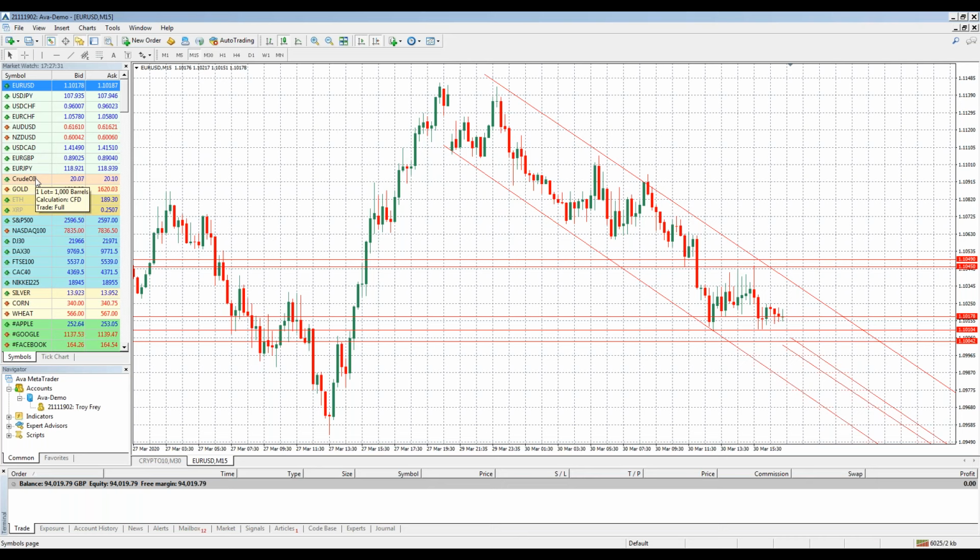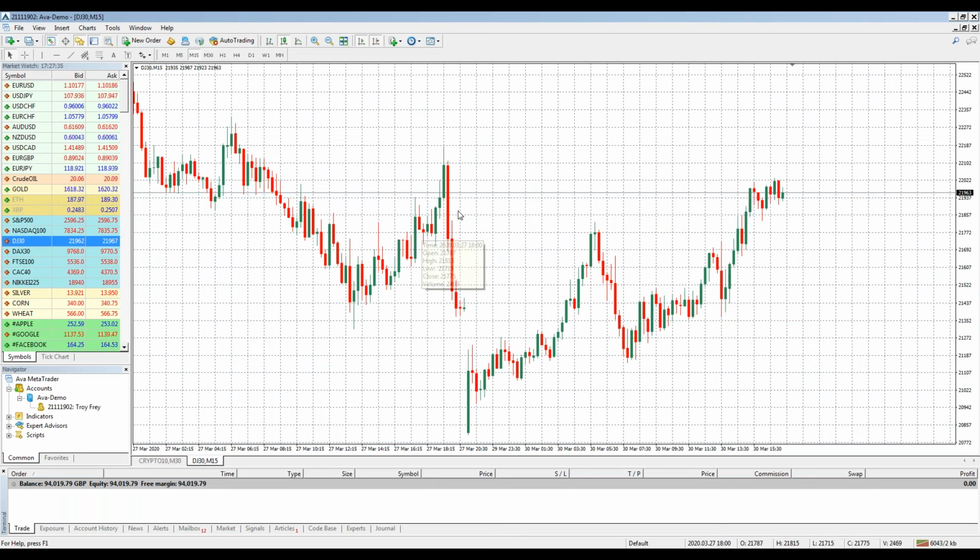Let's look for some others that look that way. Dow Jones. Okay, what's happening on Dow Jones? We see, to open the market today, it gapped down. It actually gapped all the way down to here, because this started as a green candle, so that means it started here and then rose. So markets gapped down.